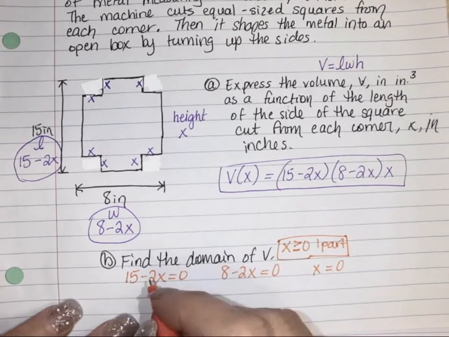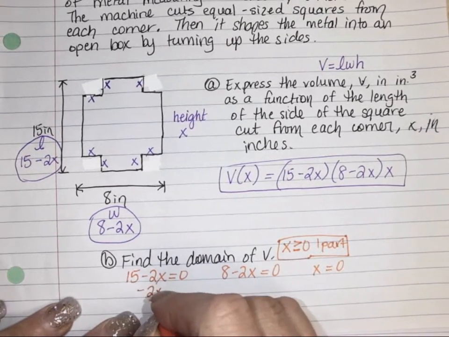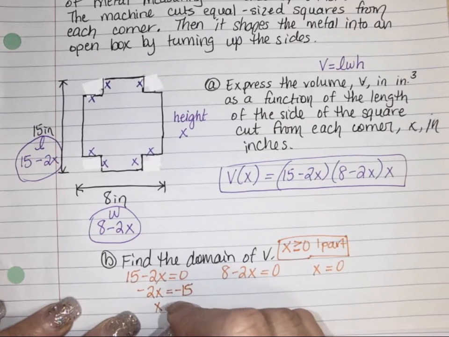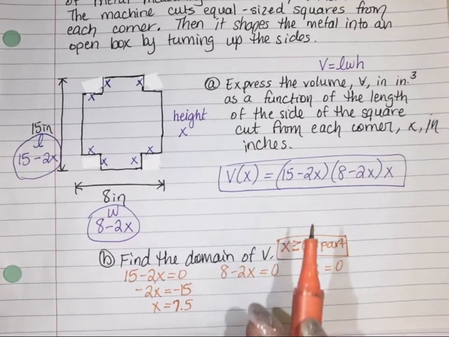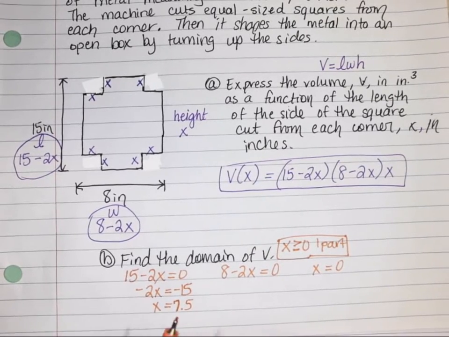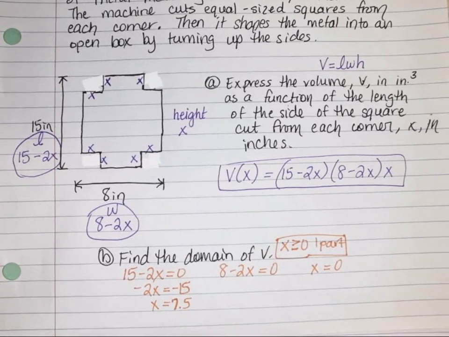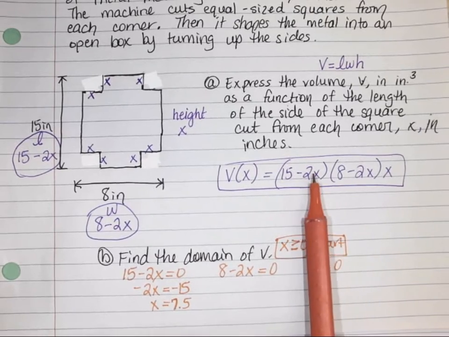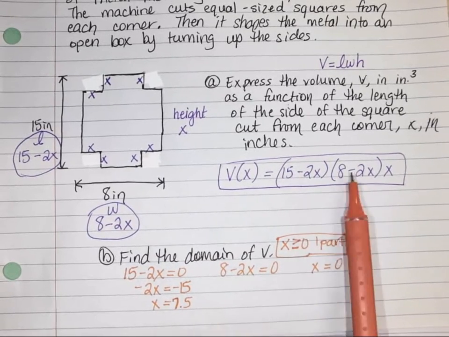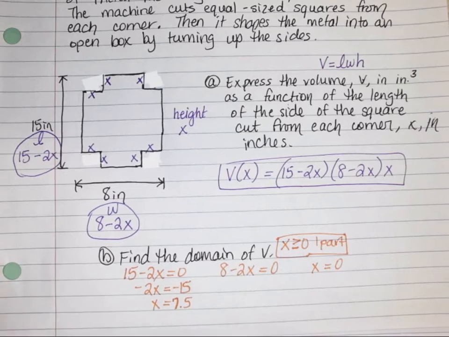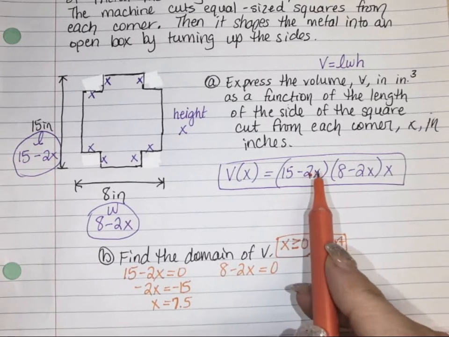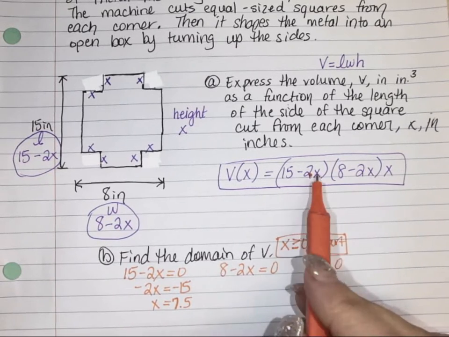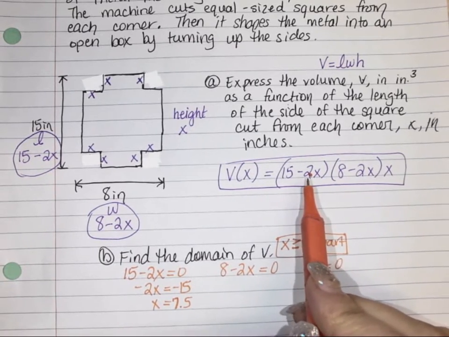Let's go ahead and solve this and see what this value gives you for x. x being 7.5. Well, I want you to check that. Is there any particular spot where we can plug 7.5 in and get a negative value? Yes. It can't equal 7.5 because that would make it 0.